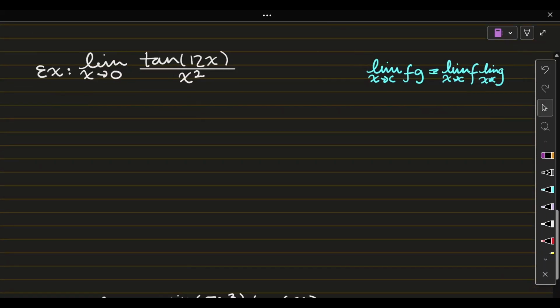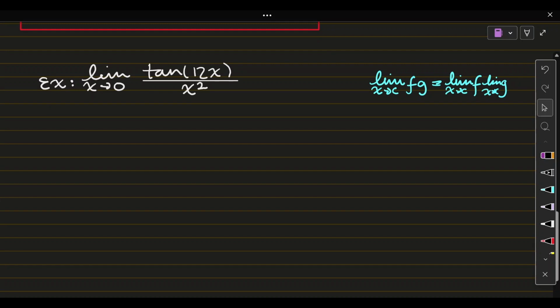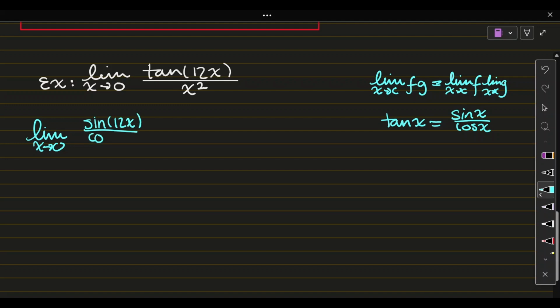So we're going to use that here and break up this tangent, right? Because tangent of x is equal to sine x over cosine x. So I can rewrite this as the limit as x goes to 0 of sine of 12x over cosine of 12x over x squared.